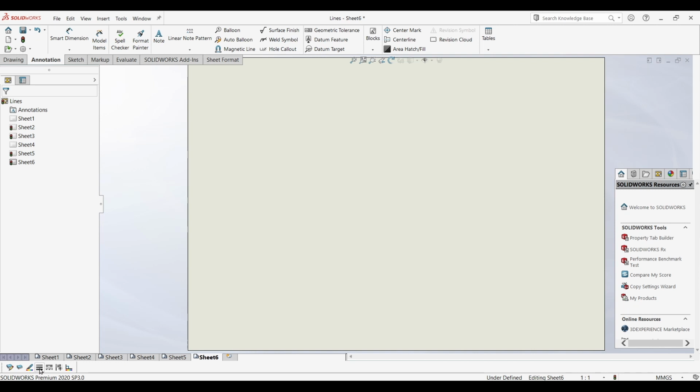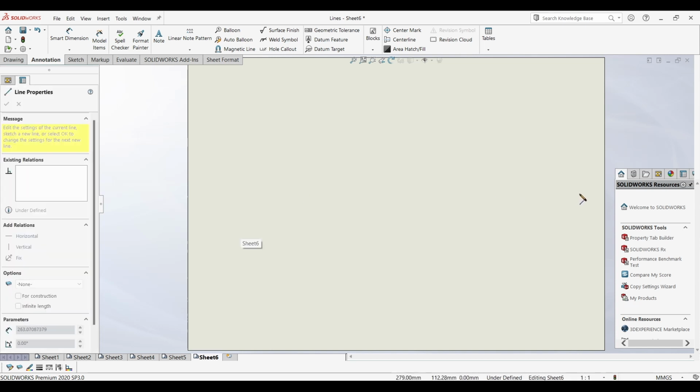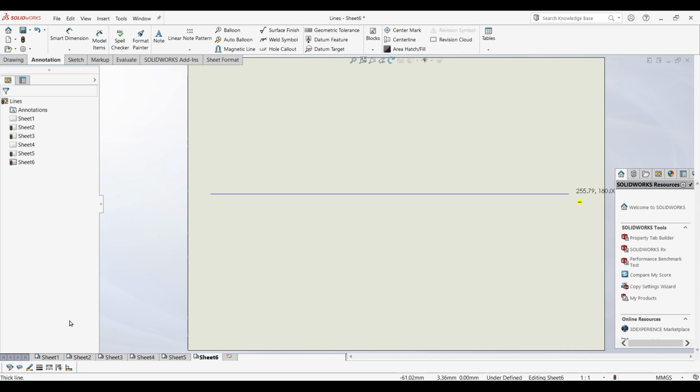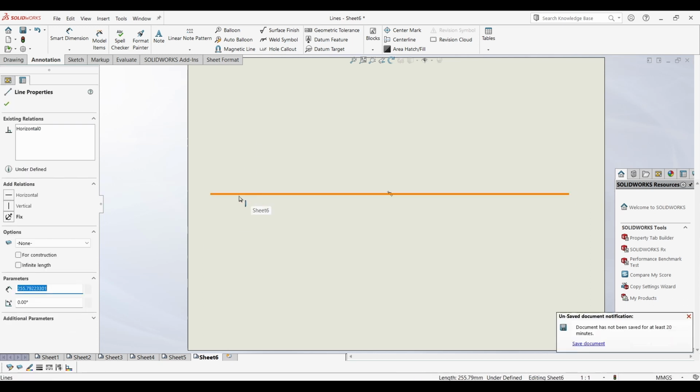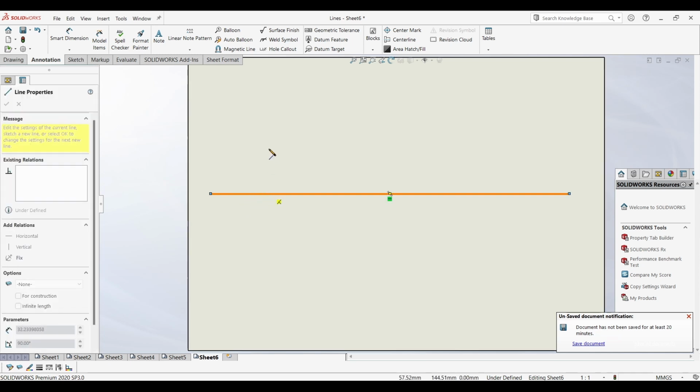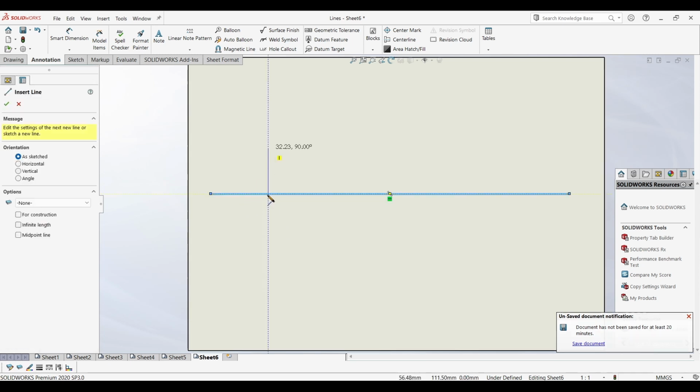Draw the XY line. Then point A itself, right? So it would be from here to here. Same thing down.